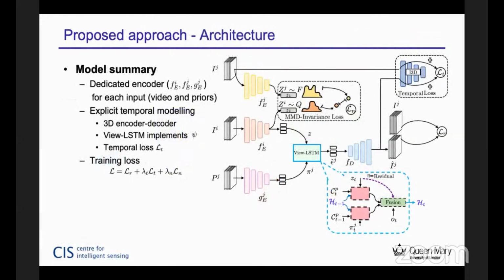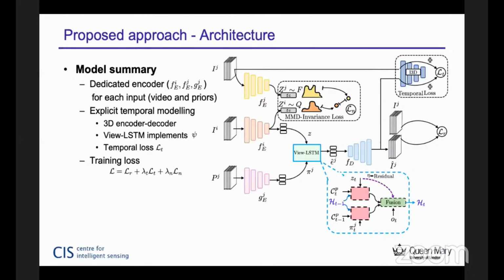Using this concept, we propose an architecture that implements the view decomposition assumption. In this example, the architecture is shown for one target modality, just for simplicity. Each input, in this case the input view video and the target view modalities, is fed into a separate encoder, a 3D encoder, to obtain spatial-temporal features.